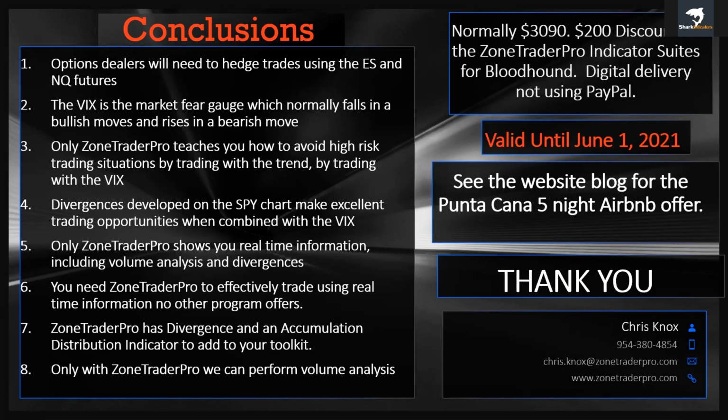And it's basically why you need ZoneTrader Pro to effectively trade, because what we're doing is we're using real-time information. And we're not using MACDs, stochastics, anything like that. I don't care about stuff like that. I want to see real-time information that is actually moving the market.